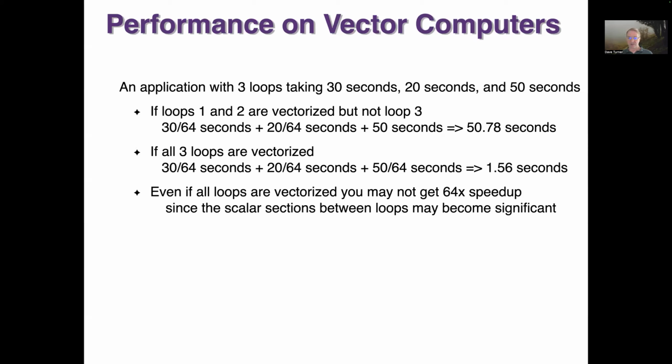So this is true for vectors. This is also true later on when we get to speeding up codes by other methods, like using multiple compute cores and multiple nodes in a larger system. So ultimately, your speed up is going to be only as good as your worst loop.